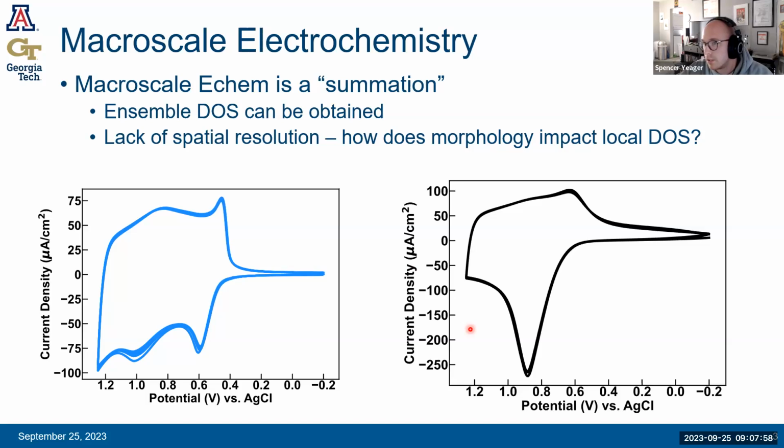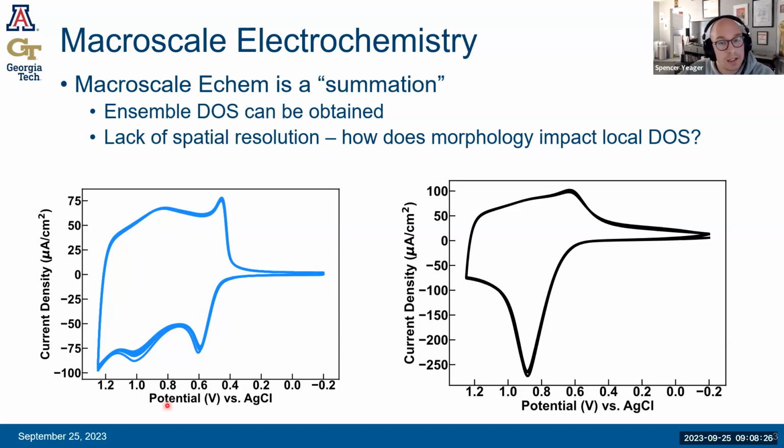In doing these macro scale measurements, there's a lack of spatial resolution in the density of states of the polymer. So you can get an ensemble density of states from this measurement, but you can't get a more localized density of states.